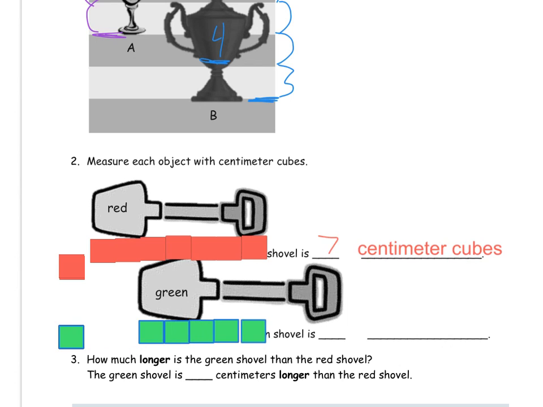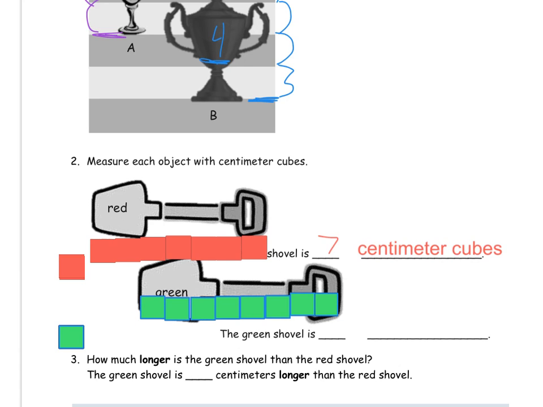I'm at 5, 6, 7. That's good right there. About 8. I'm going to move these up just so I can see my answer statement down below.